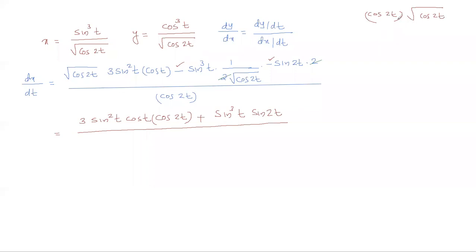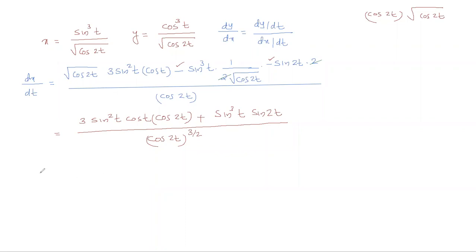So it is cos 2t to the power 1, and cos 2t to the power 1 by 2. So it will be cos 2t to the power 1 plus 1 by 2, that is 3 by 2. So dx by dt is done.